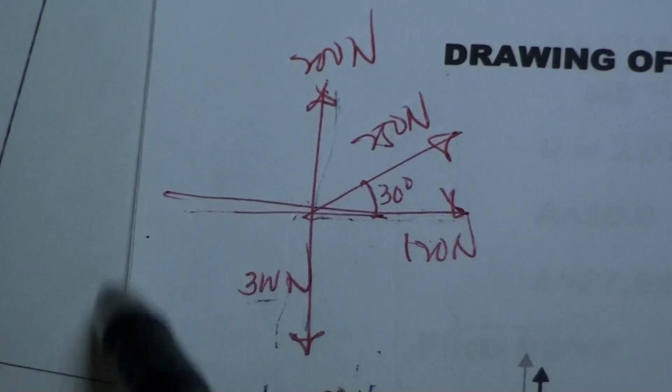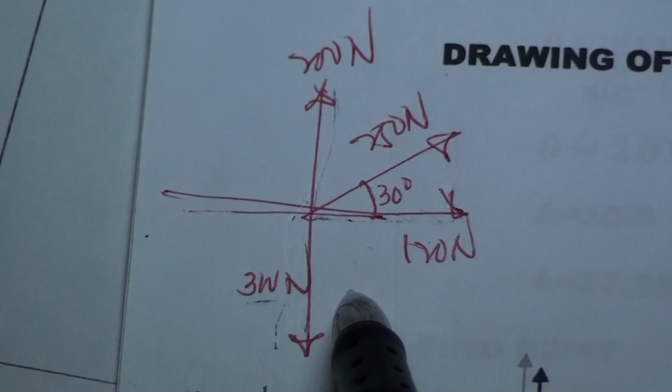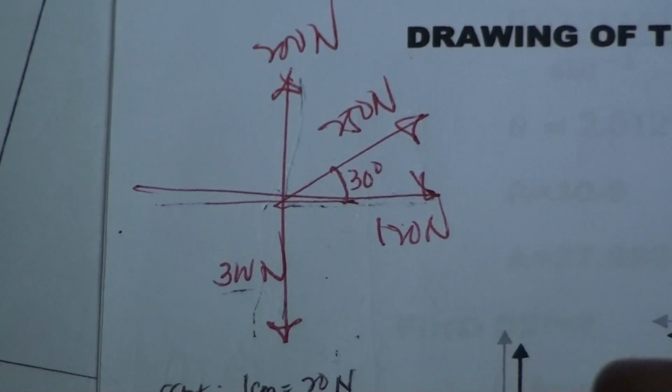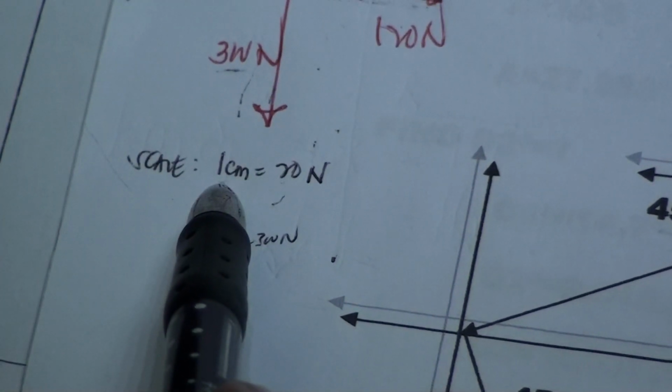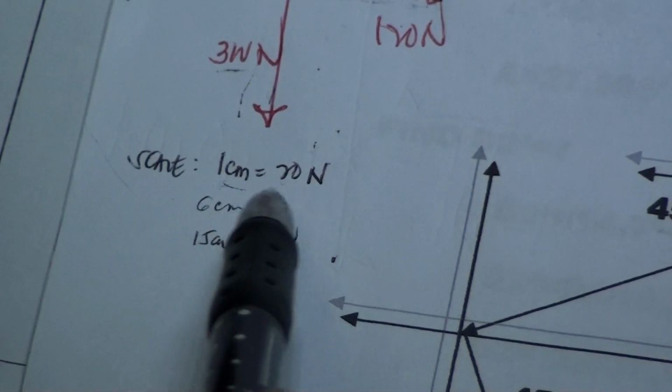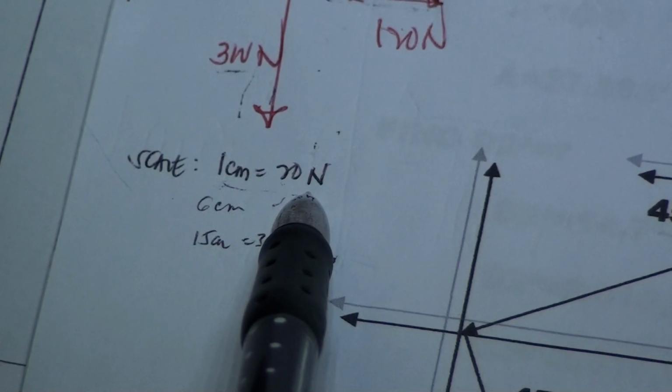So again, we have to use this problem to solve for the resultant, but with another method, which is the parallelogram method. So we will start this by setting the scale to 1 centimeter as to 20 newtons.